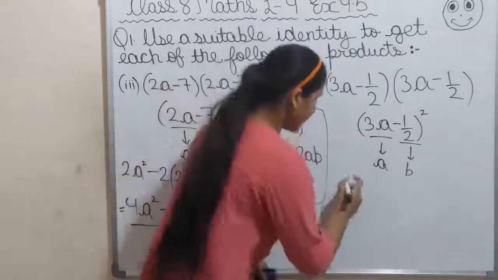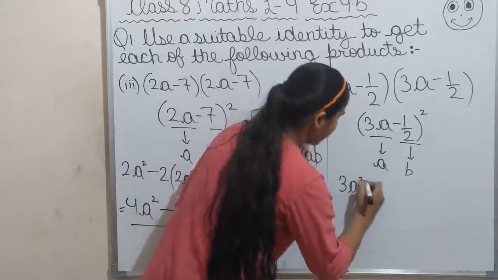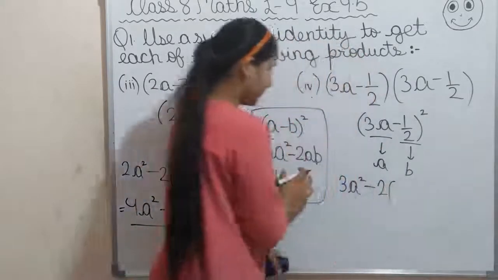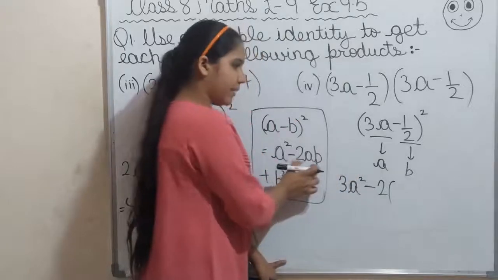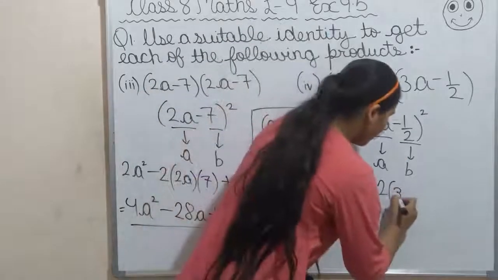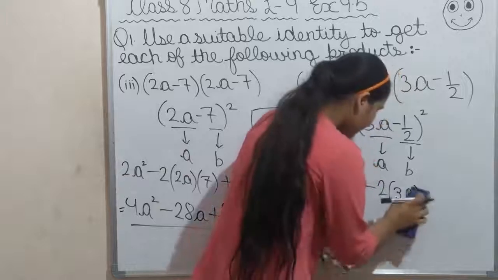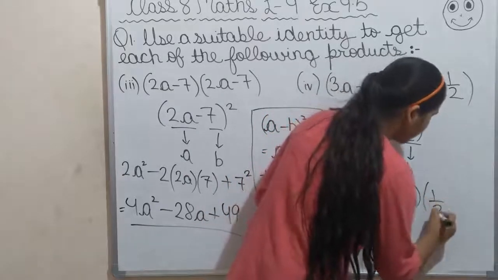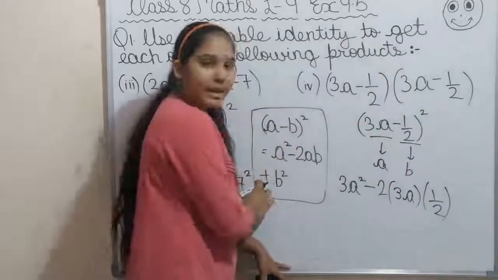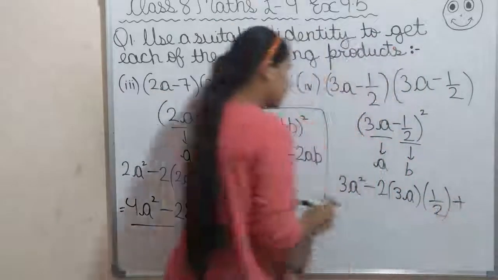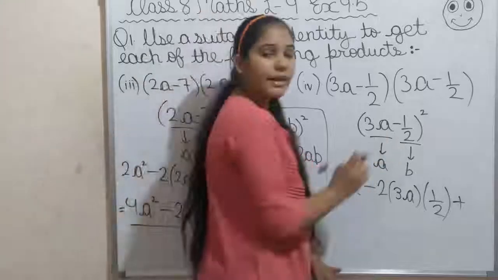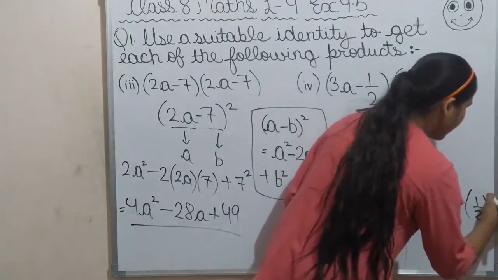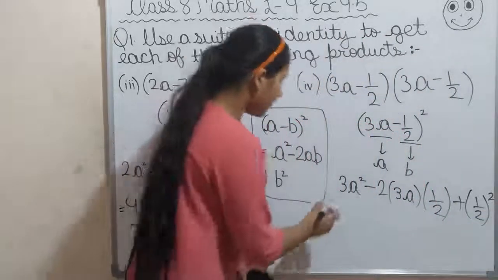A square means (3a) square, then minus sign, 2 into a is 3a, then multiply b, which is 1 by 2, then plus sign, b square, b is 1 by 2, so we write (1 by 2) square.